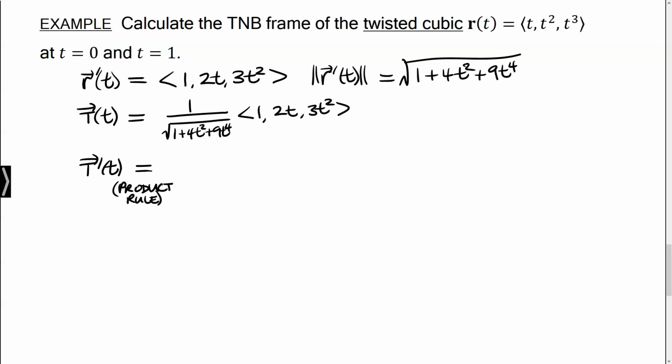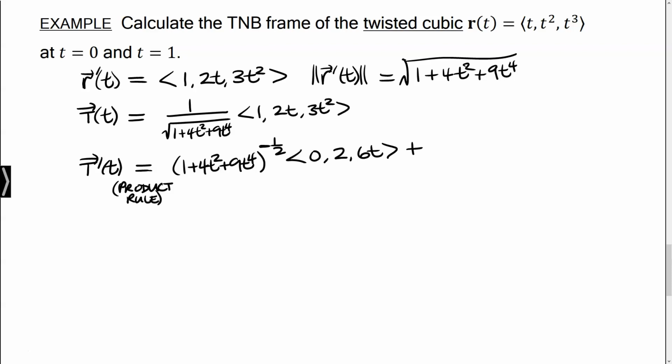Now, the first here is just the 1 over that square root, so I'm going to write this as 1 plus 4t squared plus 9t to the fourth, all to the negative 1/2 power. So that's first derivative of the second, so that's 0, 2, 6t, plus second derivative of the first.